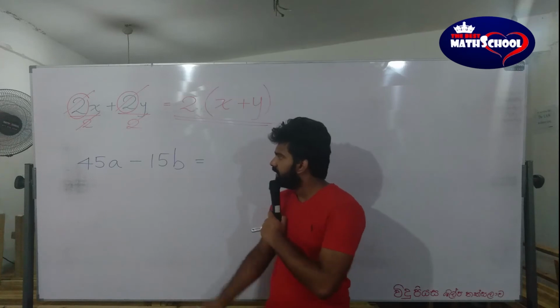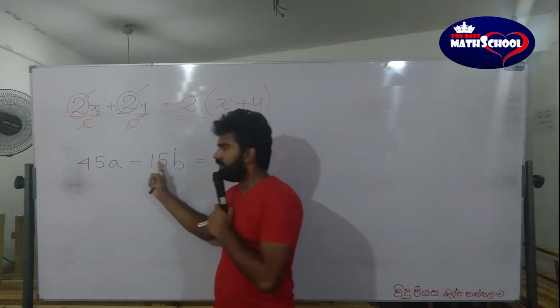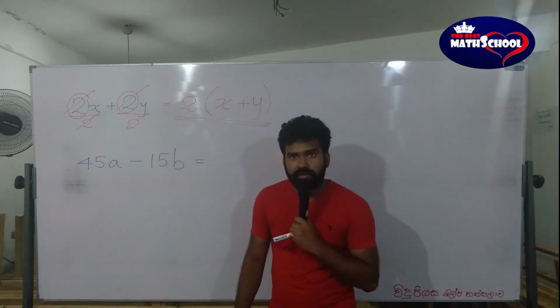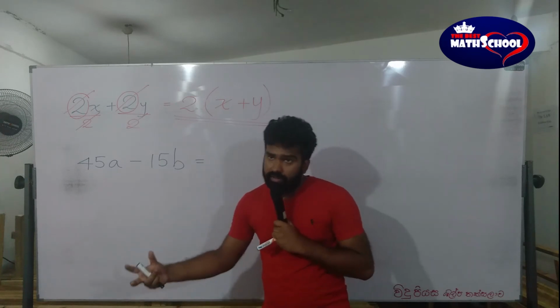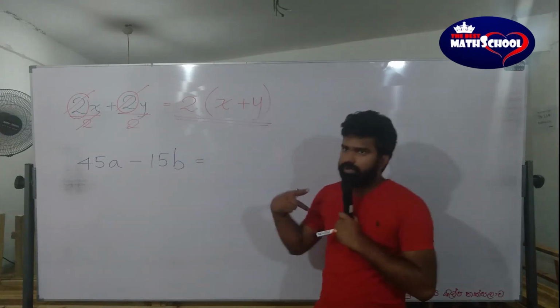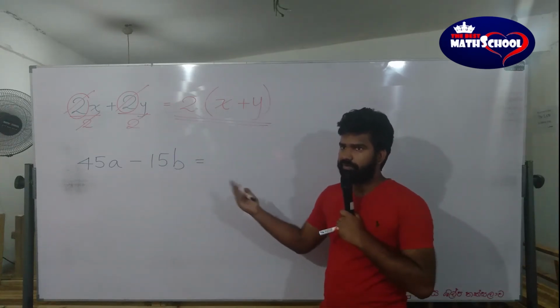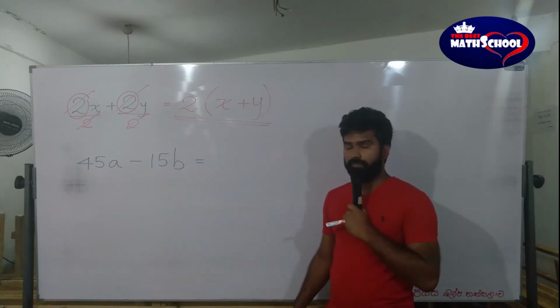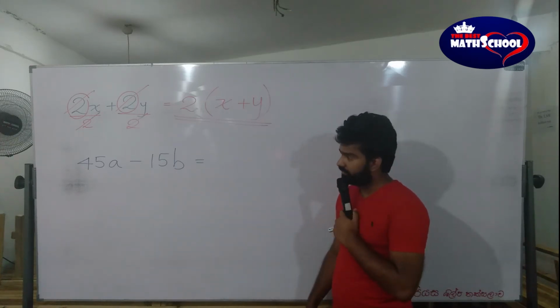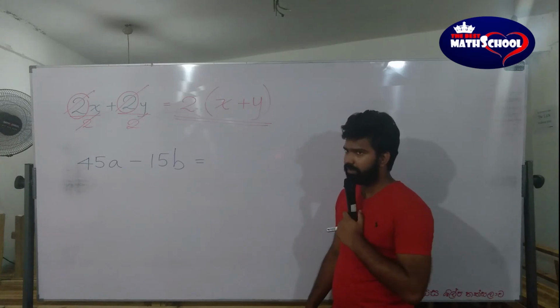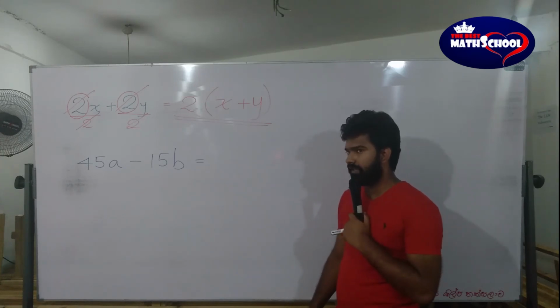That means you can see 45 and 15 are divisible by 5. Then you will feel like taking 5 out, or else this is divisible by 3, so you can take 3 out. But I asked you to take the highest common factor out. What is the highest common factor of 45 and 15?